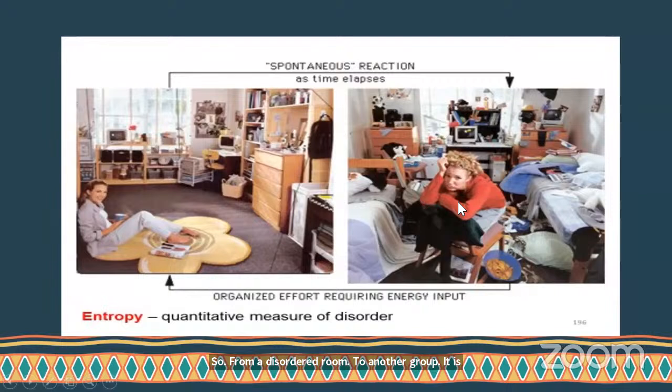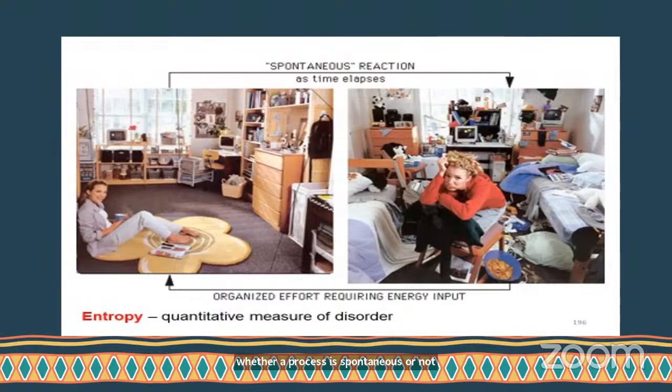It requires energy input. So what we are saying in effect is that the second law of thermodynamics is a fundamental law of nature, and you use it to determine whether a process is spontaneous or not.